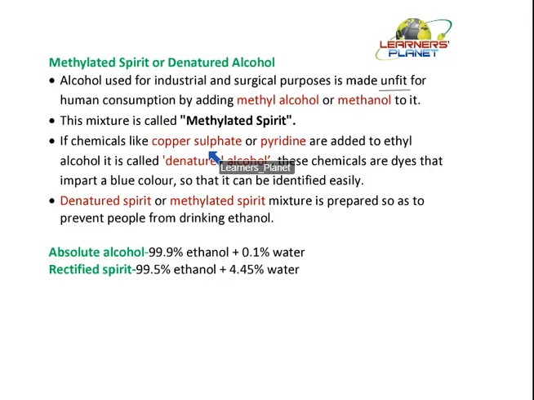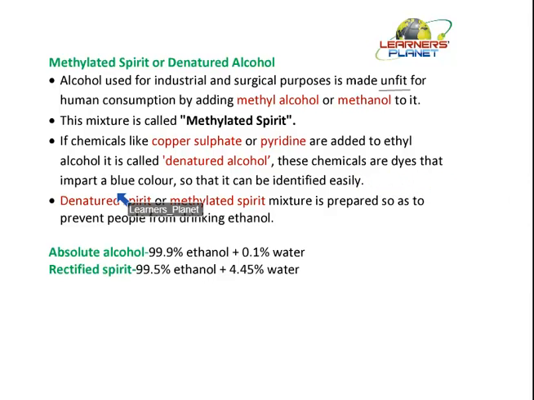And sometimes chemicals like copper sulfate or pyridine are also added to ethyl alcohol, and that is called denatured alcohol. So methylated spirit is methyl alcohol added to ethanol. Denatured alcohol is copper sulfate or pyridine added to alcohol.